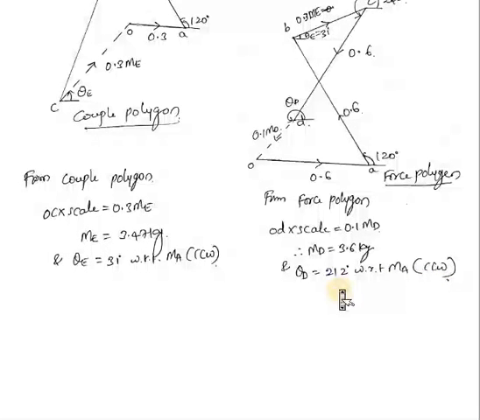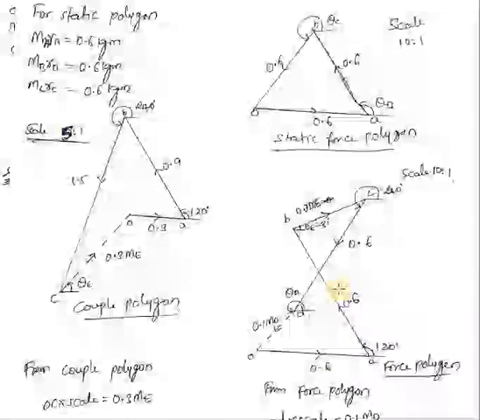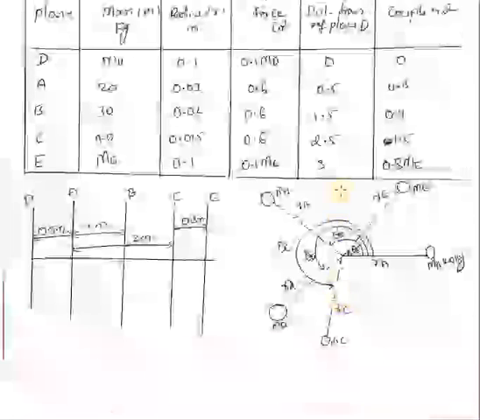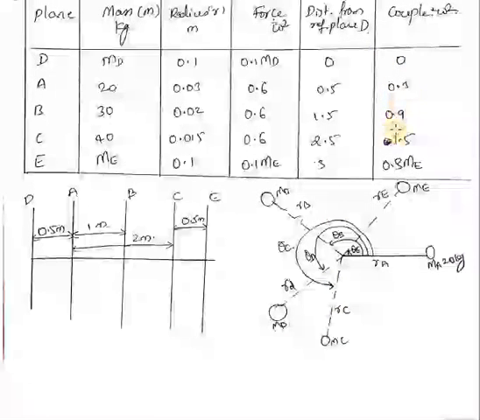While constructing the force polygon and couple polygon, and while taking the data from the tabular column, be very careful that your polygon should not become complete in between. Otherwise you won't get the answer.